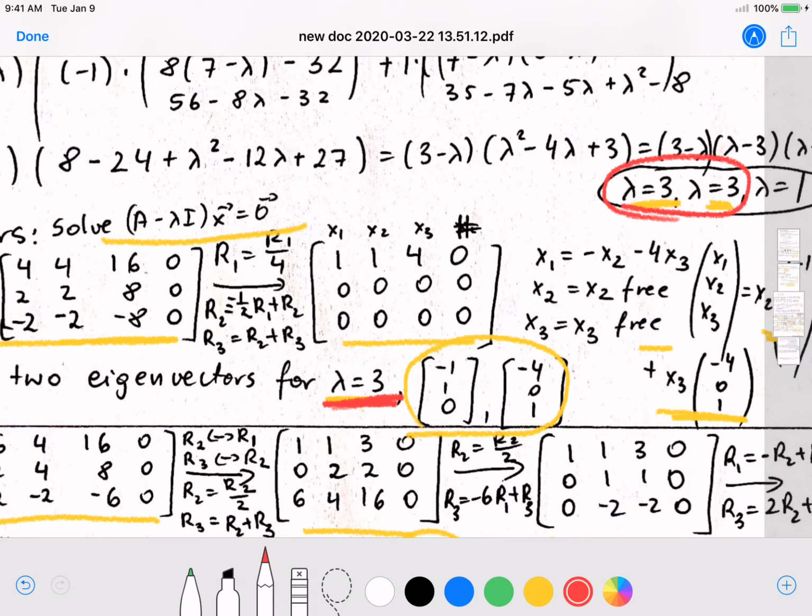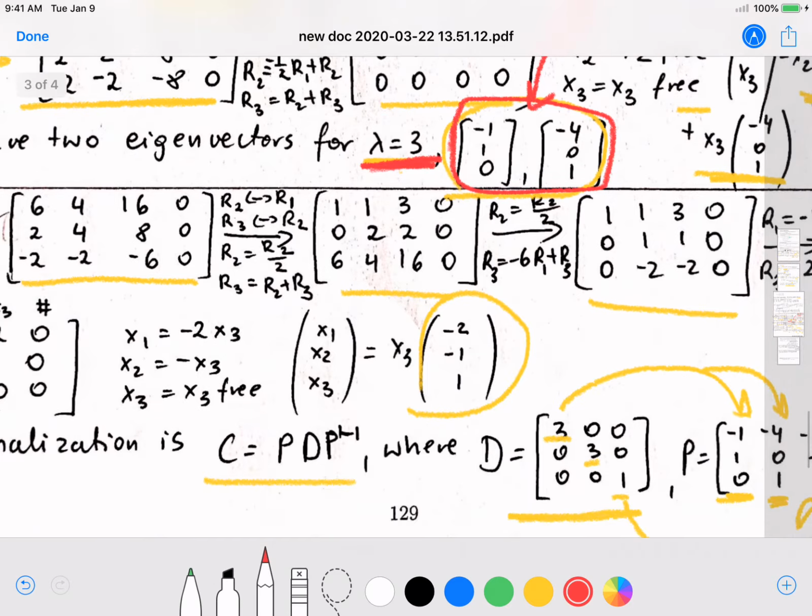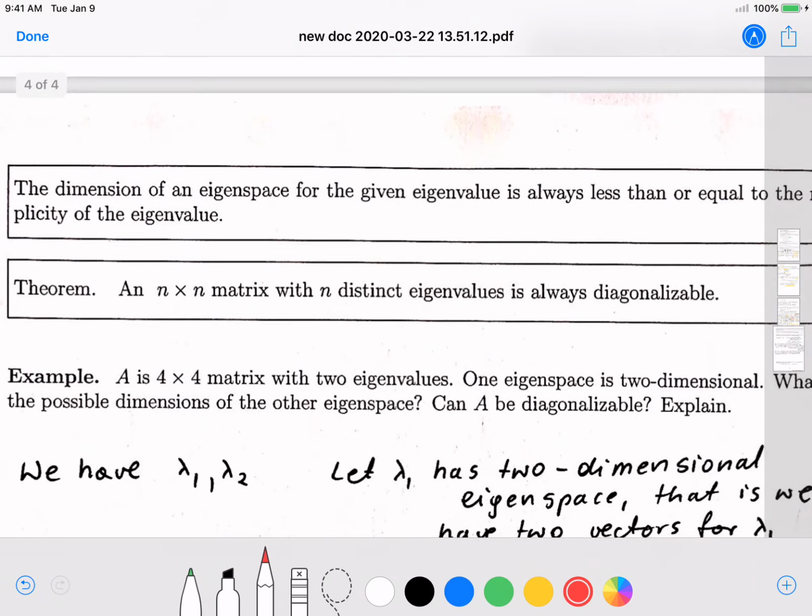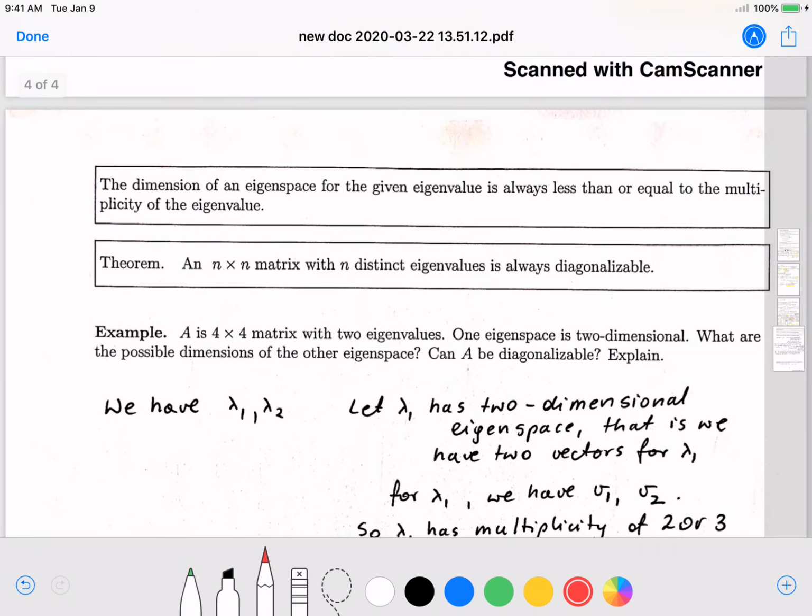So the eigenspace, how many vectors I have corresponding to this eigenvalue, is at most 2. I can have 1 or 2. Always at least 1, because that's the definition of eigenvalue. So the dimension is less than or equal to the multiplicity.